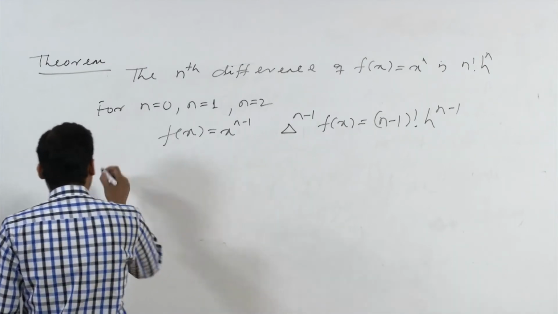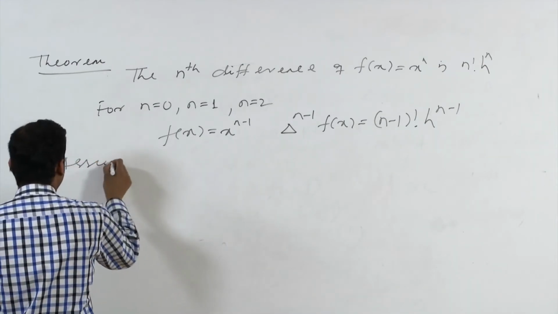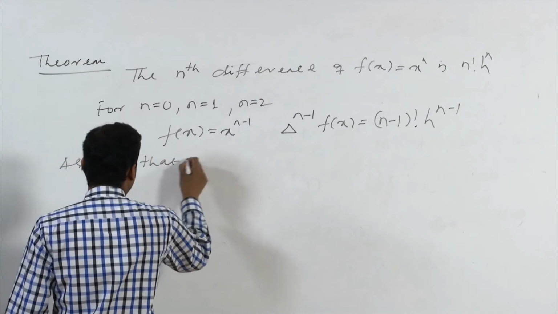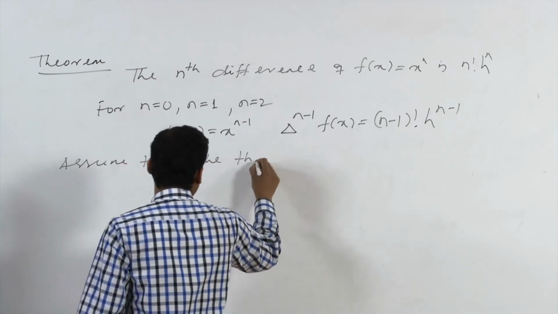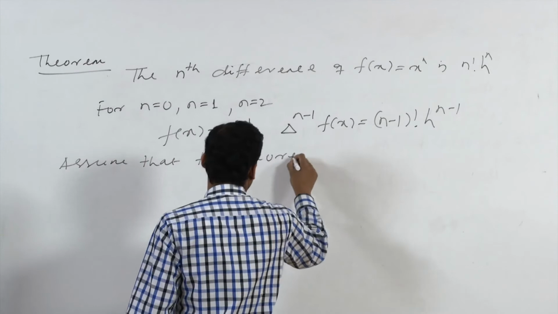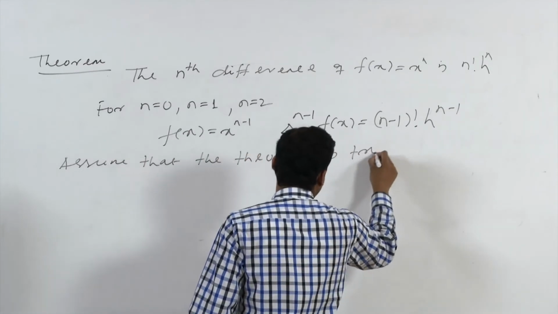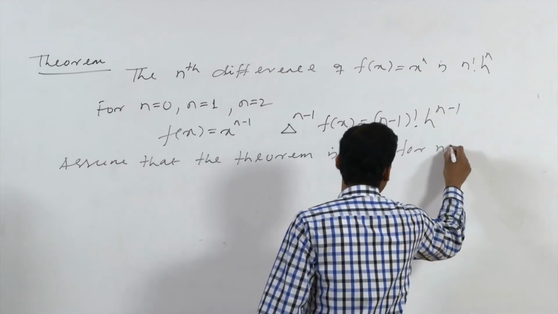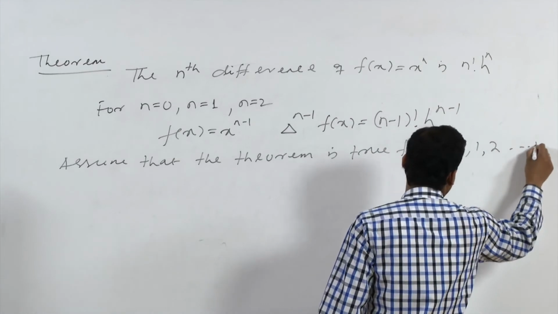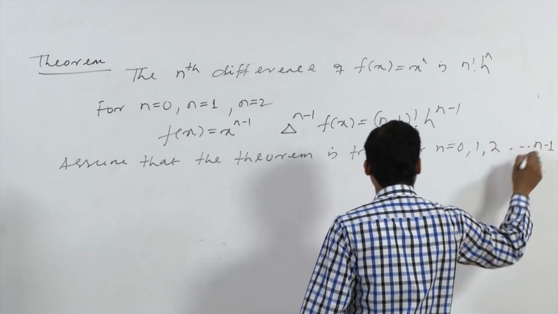So, first we will assume that the theorem is true for n equals 0, 1, 2 up to n minus 1, suppose.